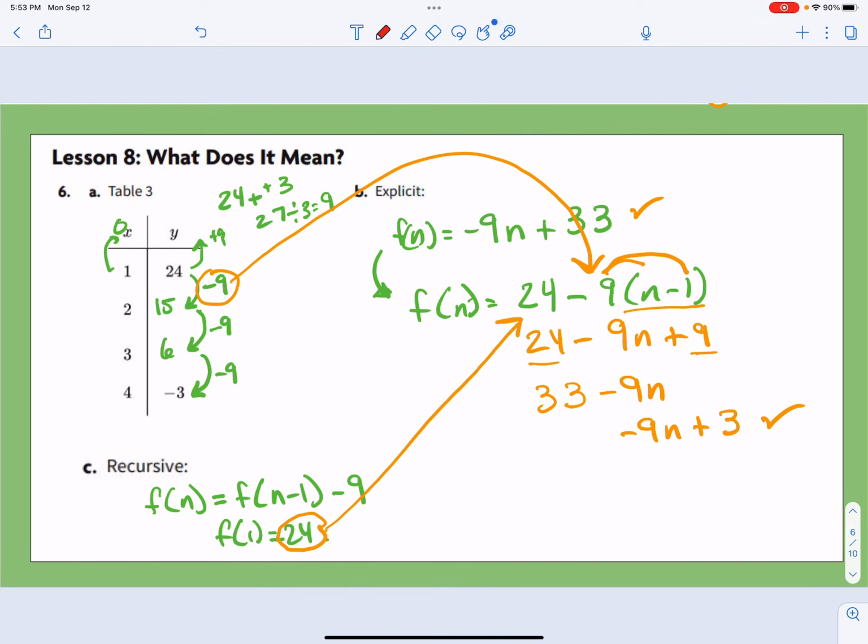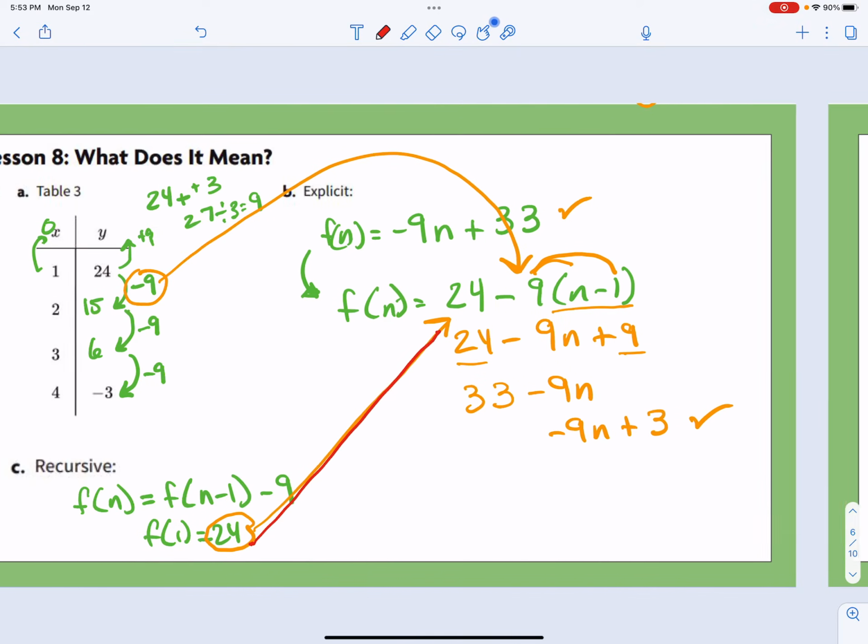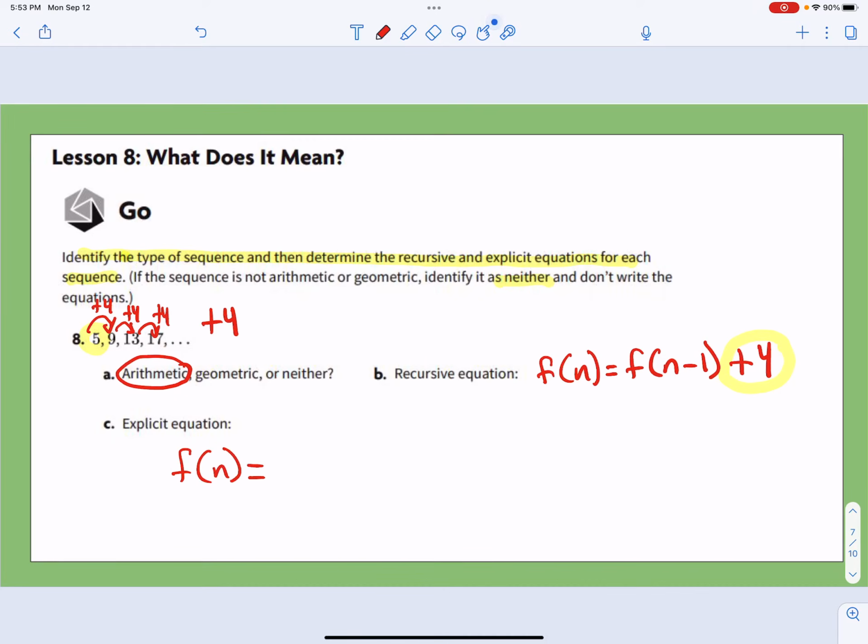We said that our starting point became the first term, okay? So our starting point in this case is 5, so we could say 5, and then we took the rate of change plus 4 times n minus 1. Now that's the new way of doing it, okay?